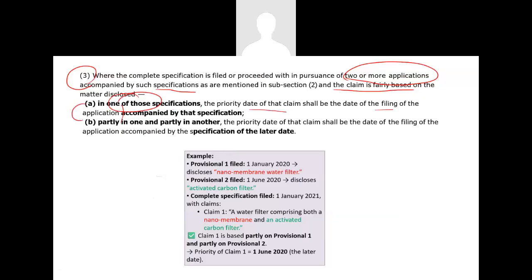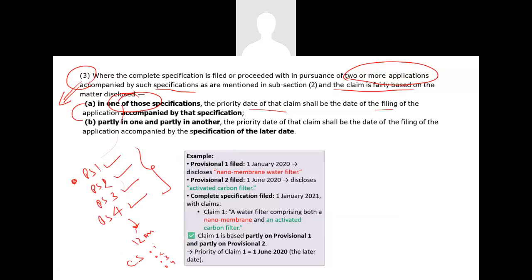So there are basically two subparts to subsection 3, where it says if there is more than one prior filed patent application, let's say provisional 1, 2, 3 and 4. And if afterwards, within a period of 12 months from the date of first filing, a complete specification is filed, and this also has four claims, claim 1, 2, 3 and 4, then whichever provisional specification this subject matter out of these four was first disclosed in would decide the priority date of that claim.